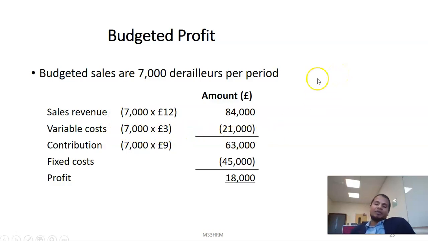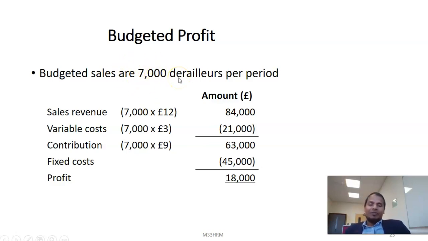If you deduct this from sales revenue, you'll get contribution of 63,000, and the fixed cost given in the question is 45,000. If you deduct fixed cost from contribution margin, you'll get 18,000, that is the budgeted profit of the company.